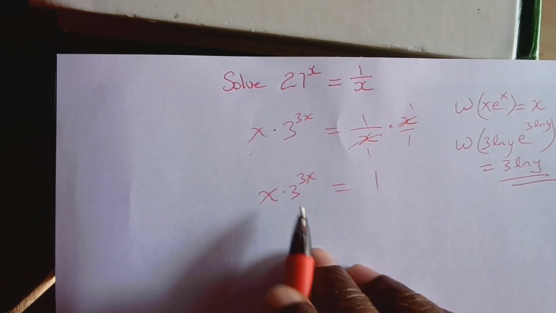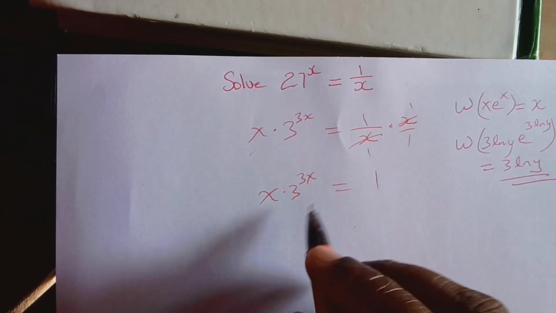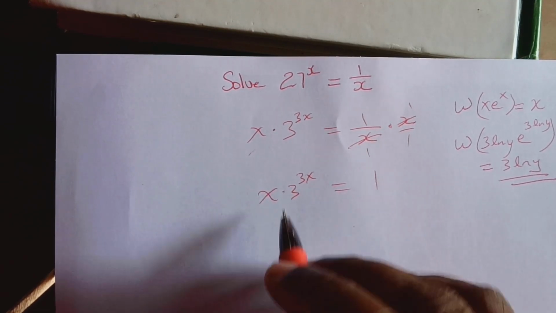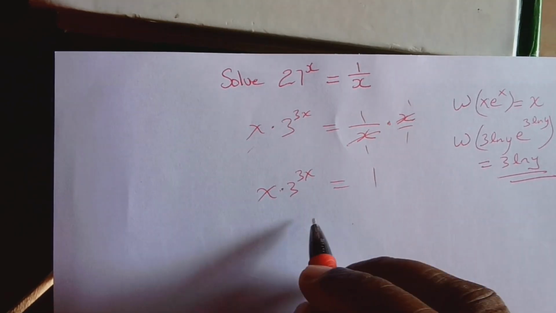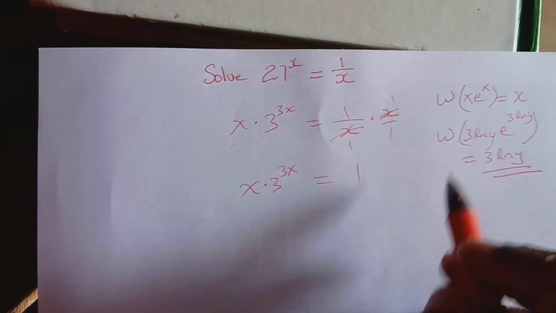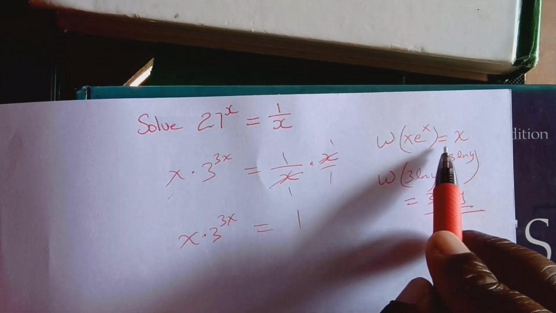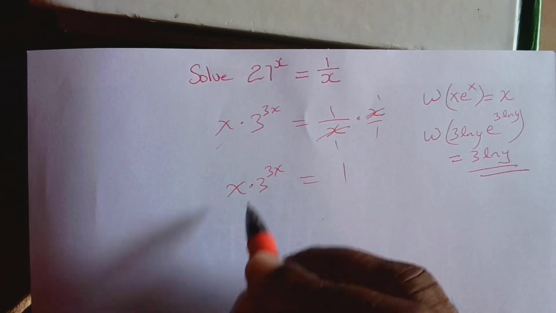Alright, you might be saying, okay, why don't we put the 3 in front? We could, but we don't have to do that at this time. Let's do something different instead. Let us now try to get this form. Once we can get this form, then we are in good business.